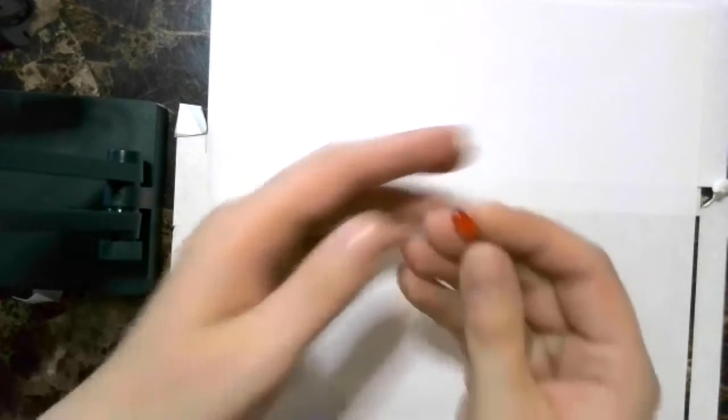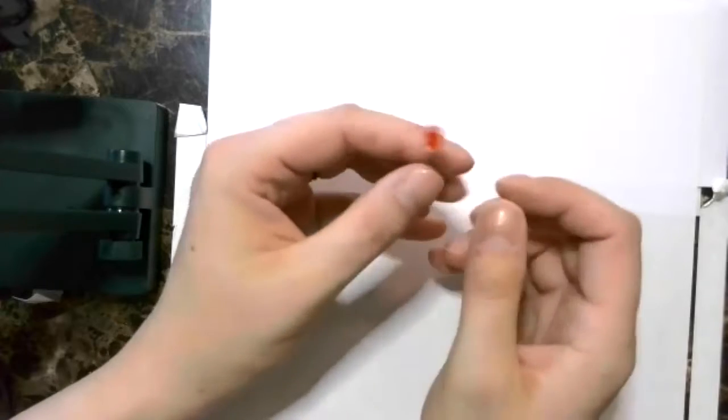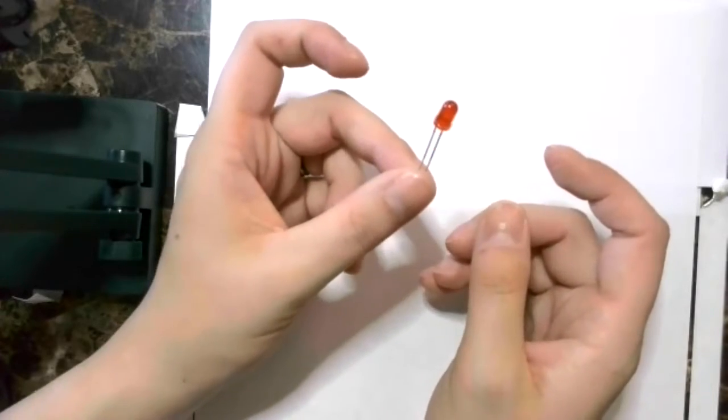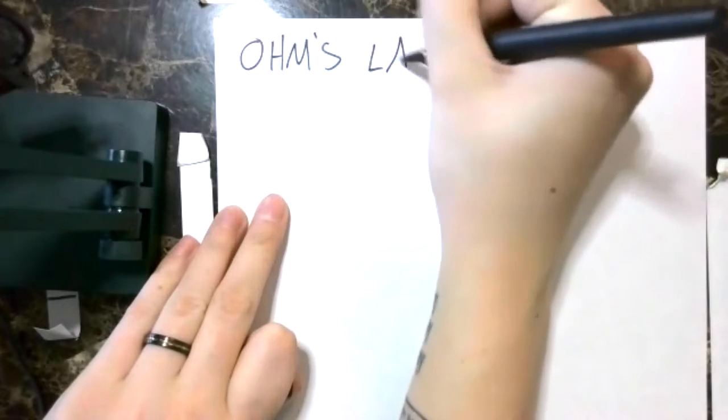So when we think of how to design our circuit so that this LED lights up without toasting itself, this is where the idea of Ohm's law comes in.